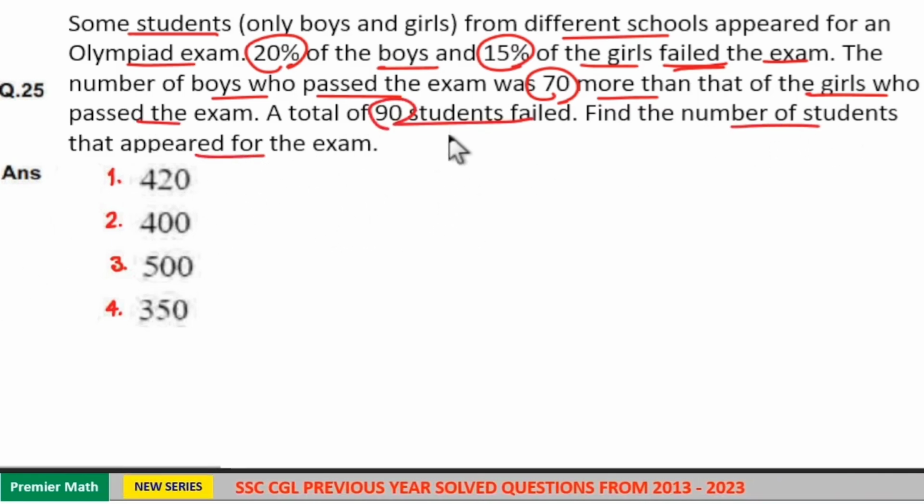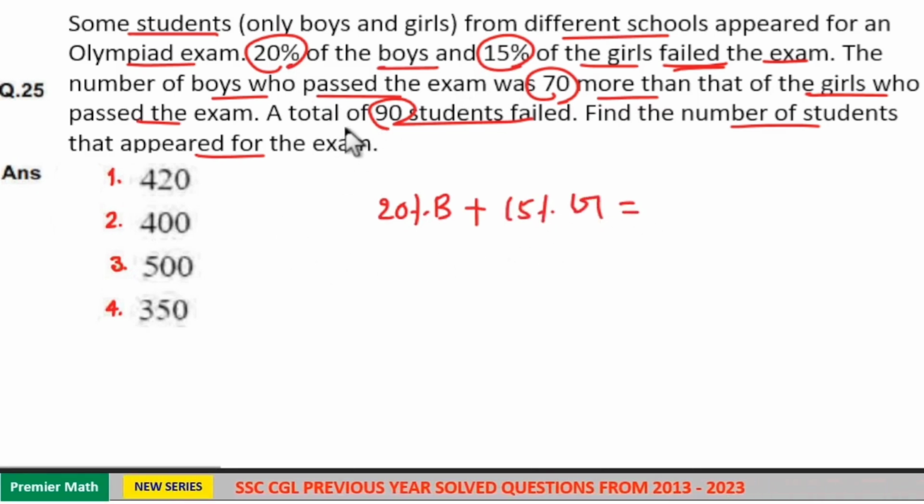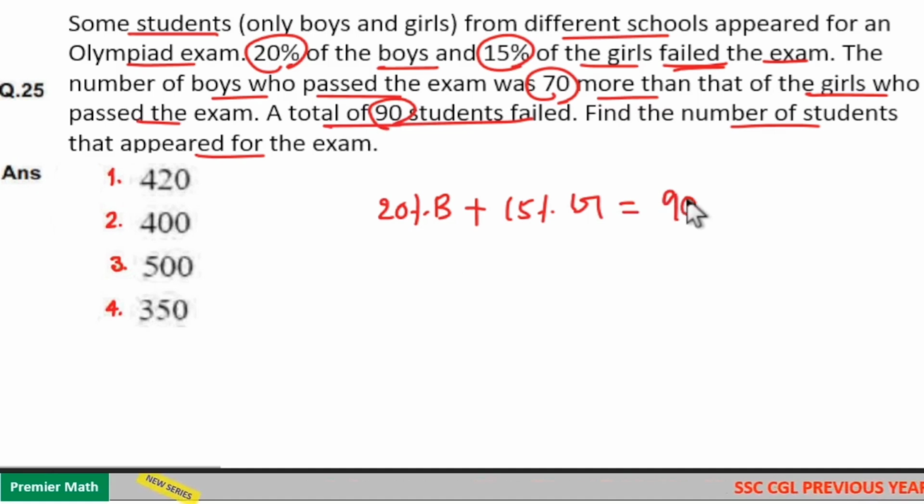Here, 20% of the boys plus 15% of the girls failed the exam. Total number of students failed is 90. So this is equal to 90. And here the number of boys who passed the exam was 70 more than that of girls who passed the exam.